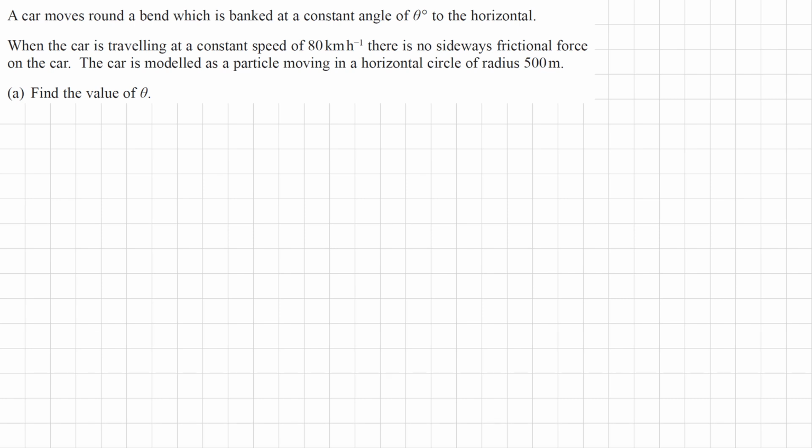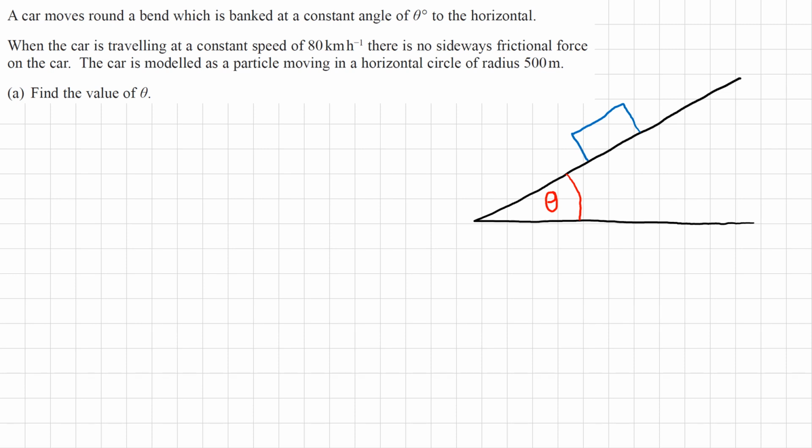Well, the first thing you want to do is draw a diagram indicating what's going on here. So here's my road, which is banked at the angle theta. I'm going to represent the car by this block here. I don't know the mass of the car, so I'm just going to call that M, which means I can put the weight in, and the weight's going to be acting vertically downwards.